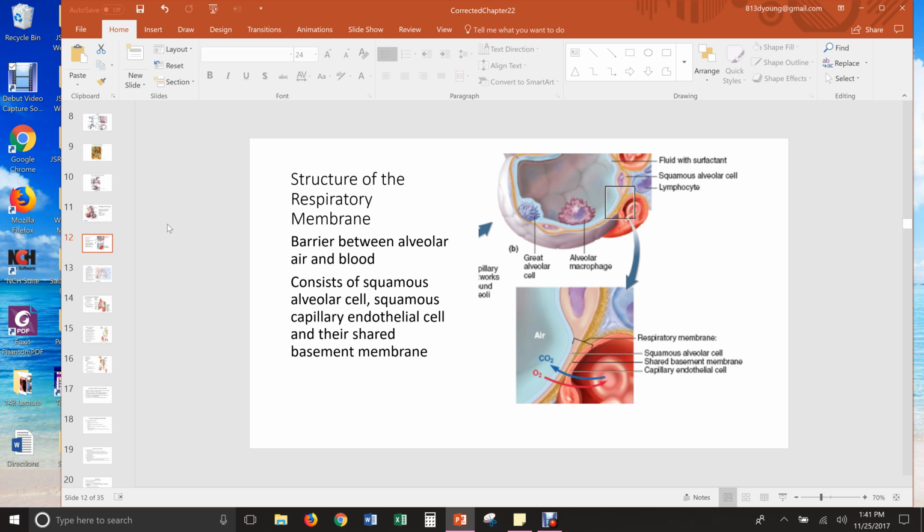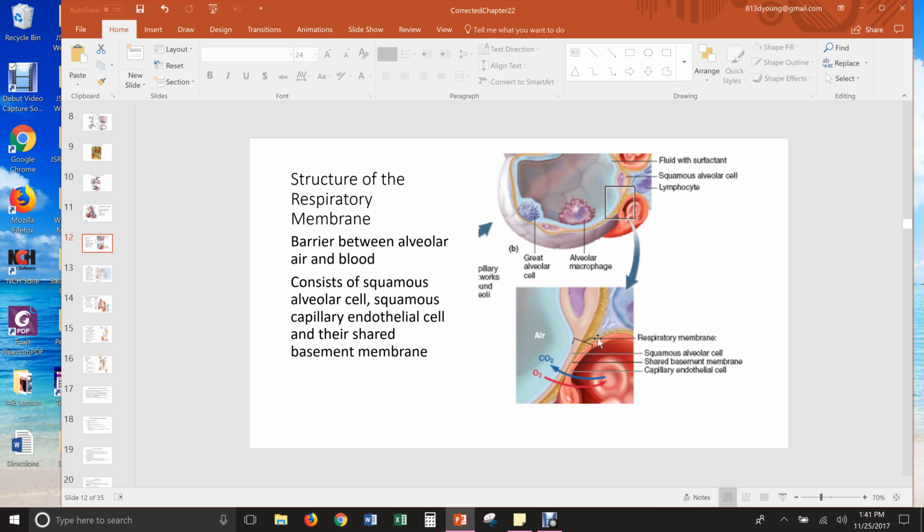Okay, so looking at the alveoli and the fact that they are very well vascularized, one of the areas that we're going to find in between an alveoli and a capillary is something termed the respiratory membrane. The respiratory membrane is going to be a single cell layer thick.